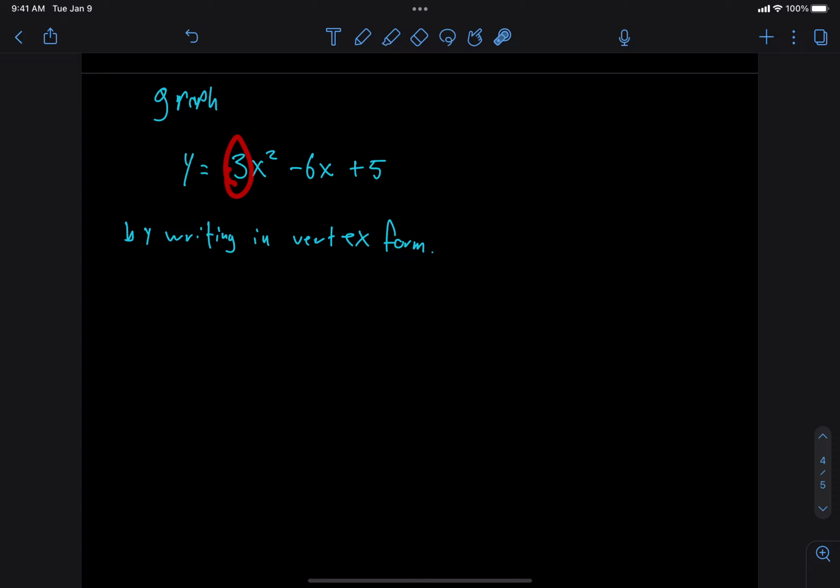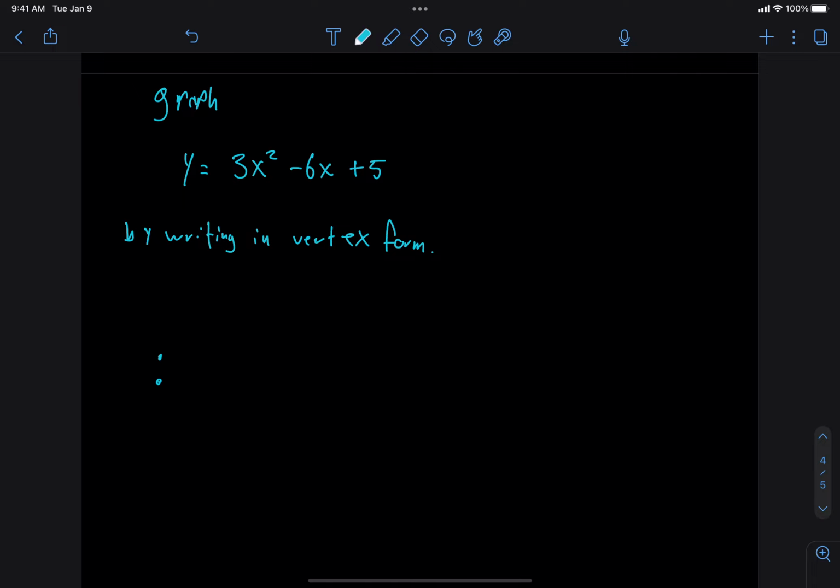This number attached to the x squared is a positive number, and therefore this parabola opens up. But it's not clear to me, looking at this, where is the vertex? And, you know, is it going to be stretched? Is it going to be reflected? Like, what's going on with all of this? So I have to convert it into vertex form so that I can see what that looks like.